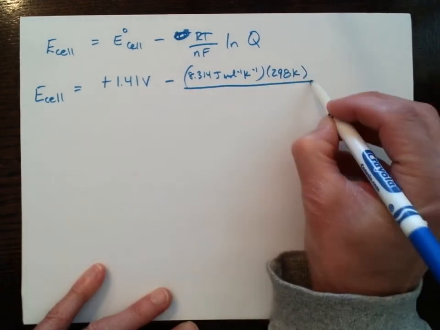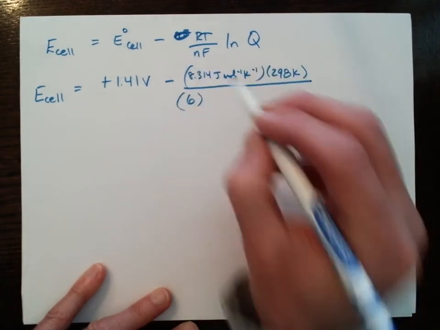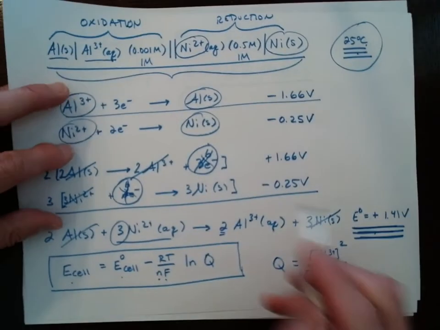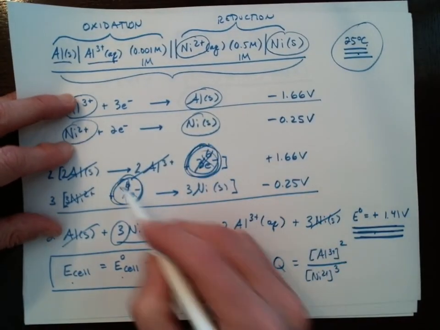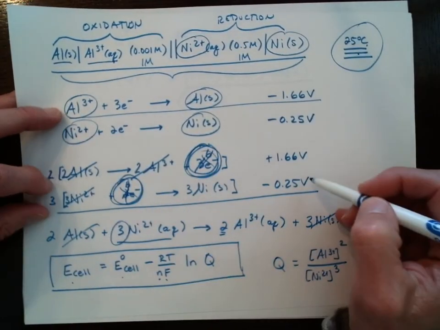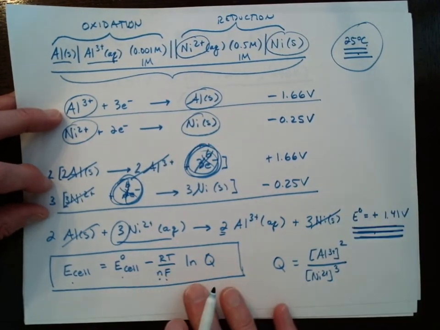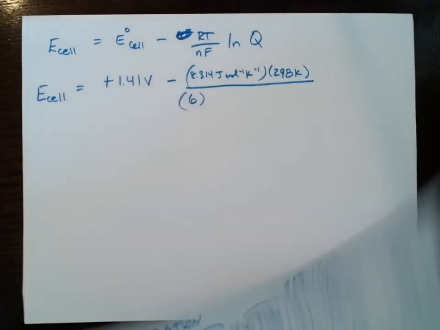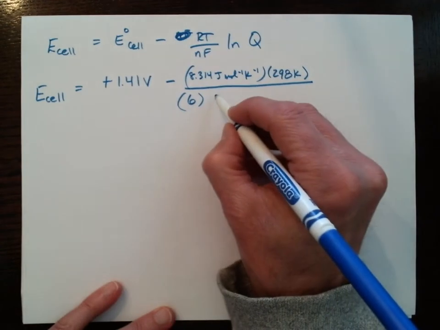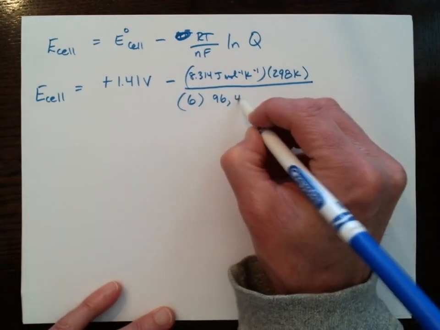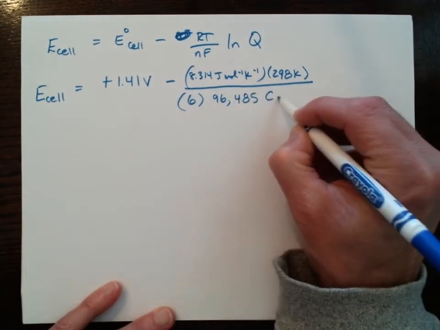We're going to divide that by N, which we remember is 6. You have to determine how many electrons are required to balance the redox reaction, or you can't use the Nernst equation. We're going to divide this also by Faraday's constant, which is 96,485 coulombs for every mole.